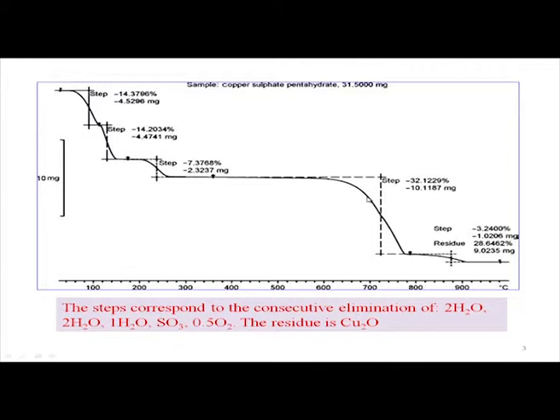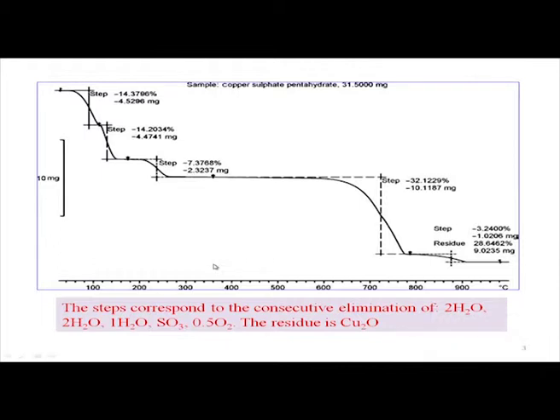If your sample is very pure and we go for the elimination in this fashion, that means when your temperature is just above 100, you have 120, then 40, 60, 80 and 120 degree centigrade. When you have just 100 or 120 degree centigrade, we get the first weight loss.